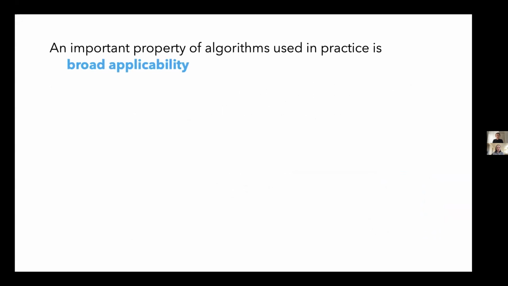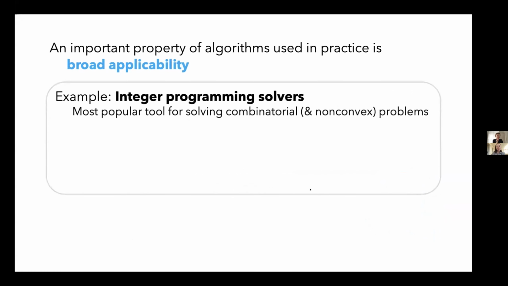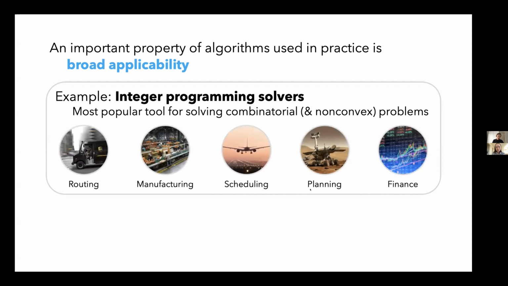So an important property of those algorithms that are typically used in practice is broad applicability, the ability to solve problems across diverse domains. And I think this is maybe best illustrated by integer programming solvers, which are, of course, one of the most popular tools for solving combinatorial and oftentimes non-convex problems, and have a staggering array of applications in computer science, operations research, and beyond, such as routing, manufacturing, scheduling, planning, finance, and many others.